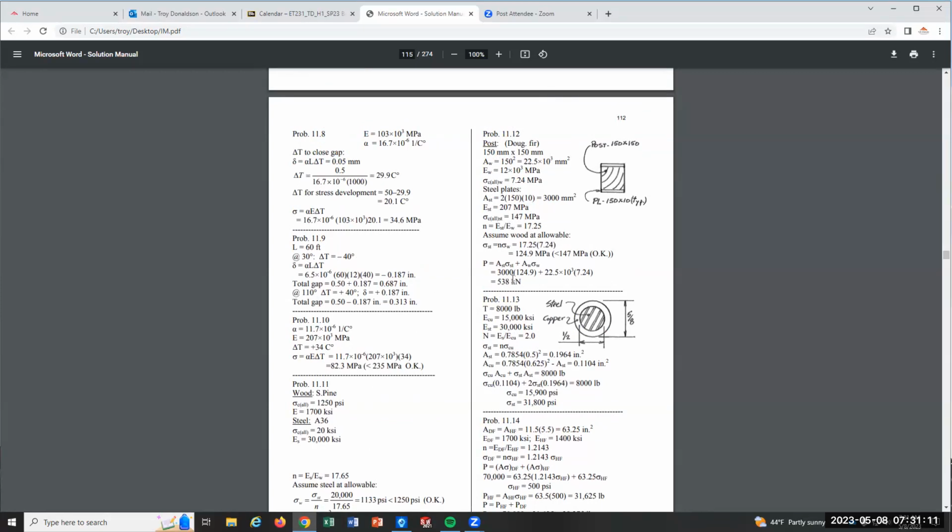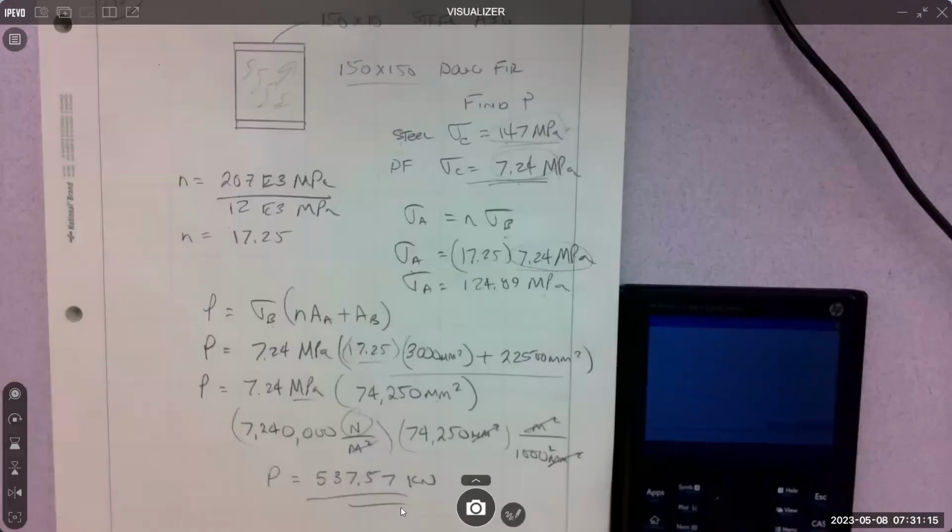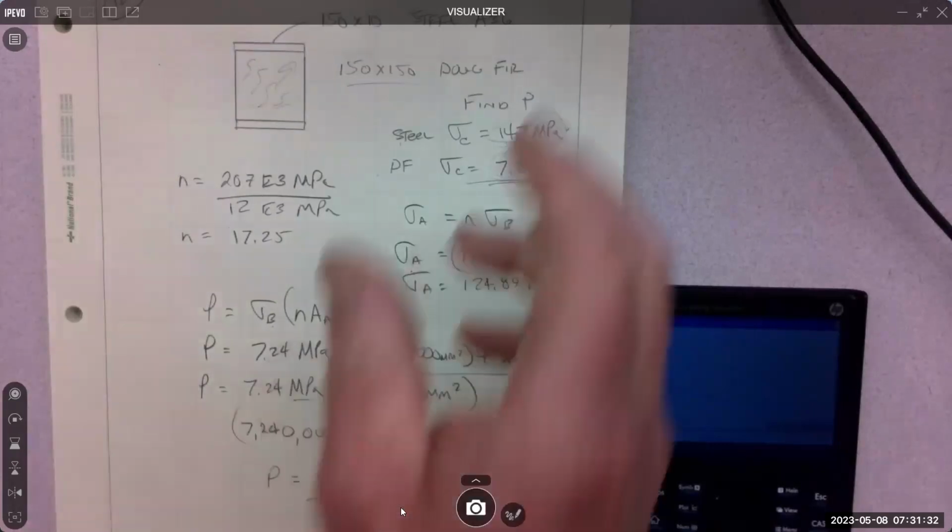They get 538. We get 537.57. So we are good. All right. So hopefully that helps with multiple materials and understanding which material is the control.